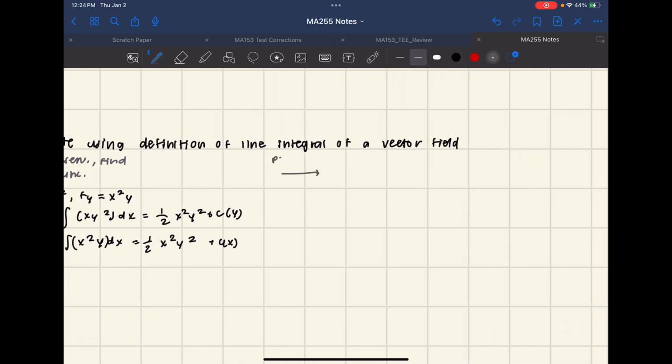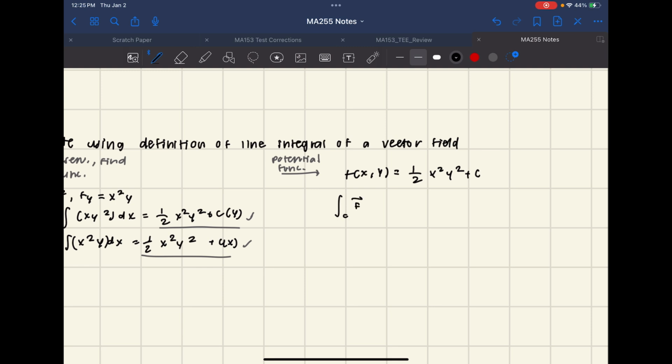Okay, so now we can write our potential function. And these two are the same. So we can write it as 1/2 x squared y squared plus c.